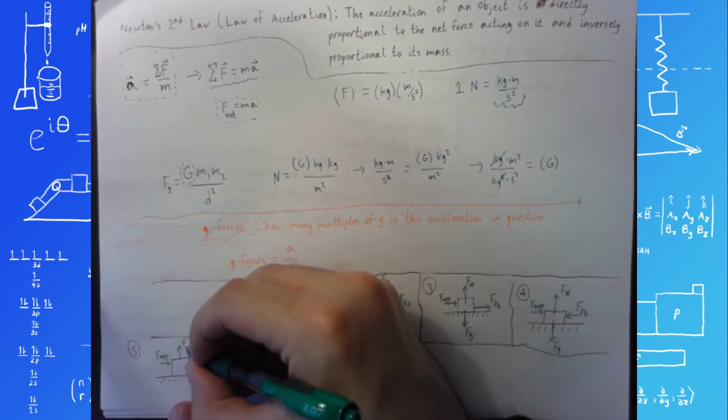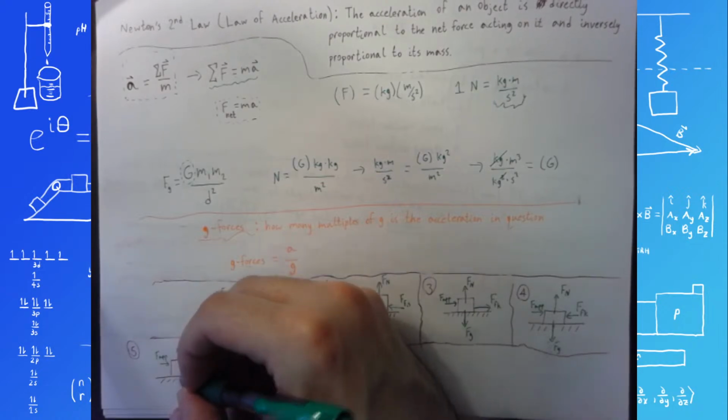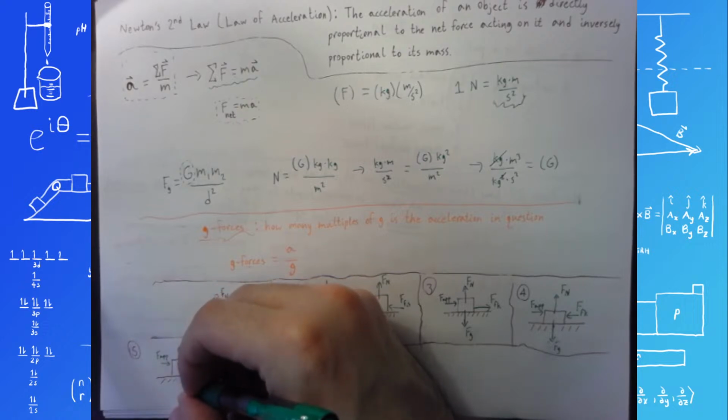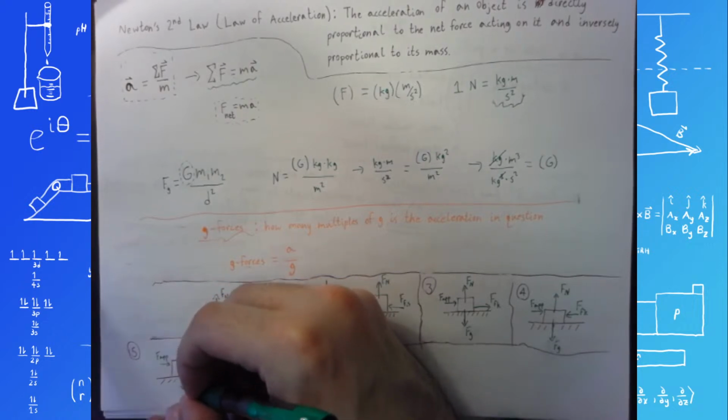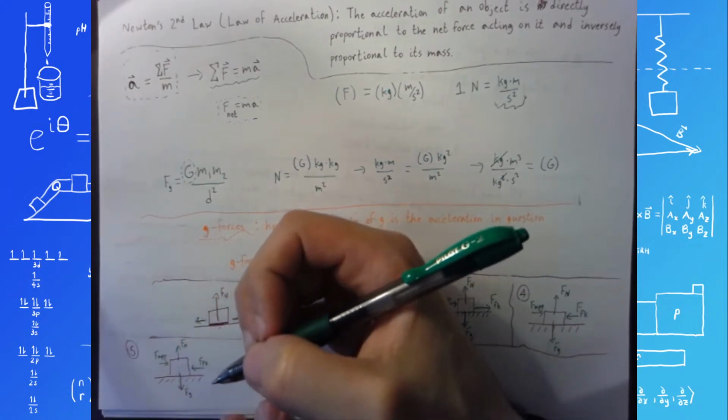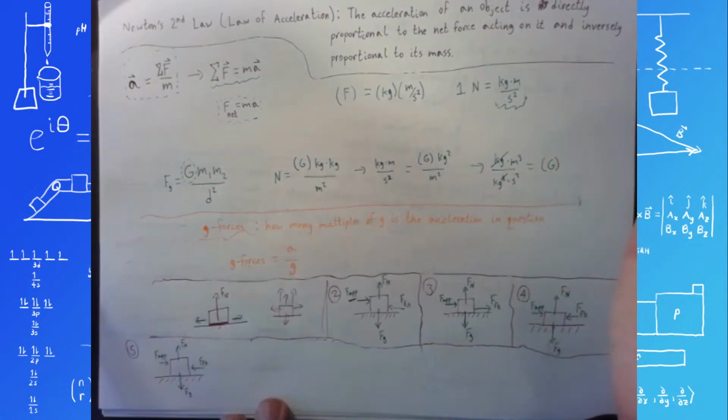Normal force, still up. The floor hasn't tilted at an angle or anything like that, so normal force should still be just perpendicular in a way, and force of gravity straight down.